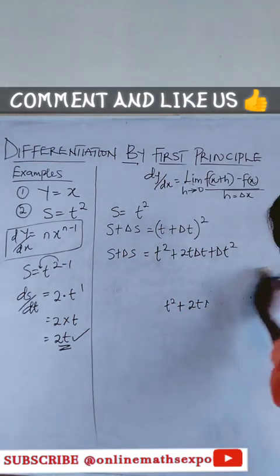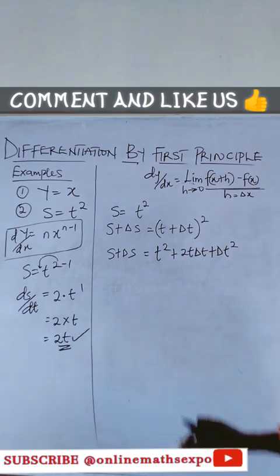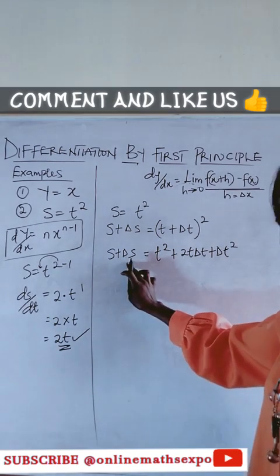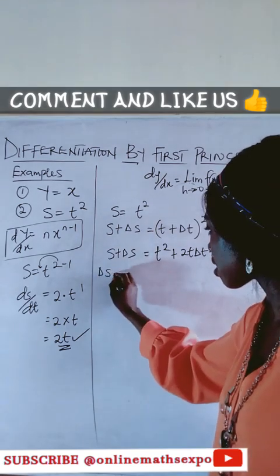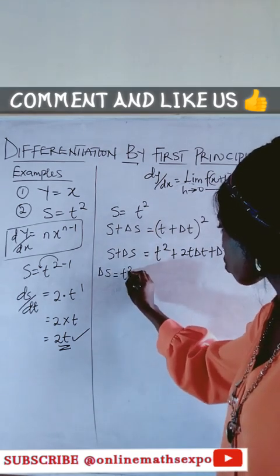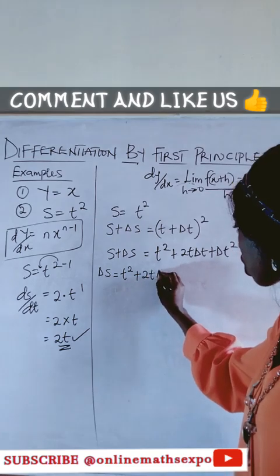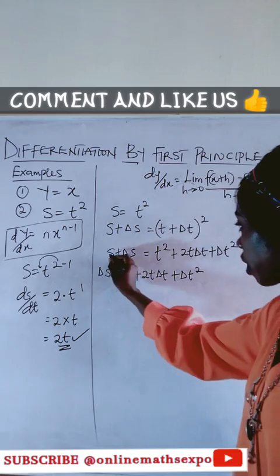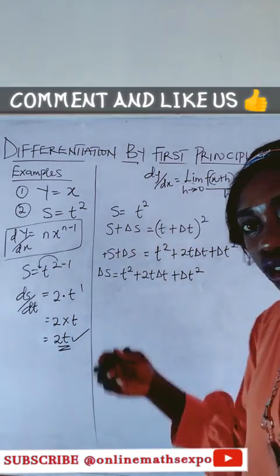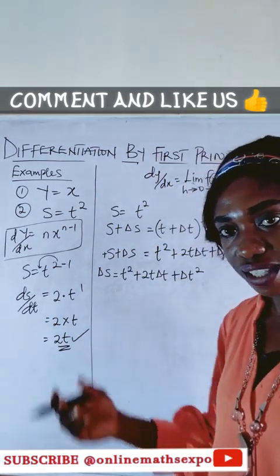So what do you think we should do next from our definition? The next thing is to make this change in s the subject. So we're going to have change in s is equal to t squared plus 2t change in t plus change in t squared. Remember, this is positive. To remove it, you use its additive inverse, which is minus s.